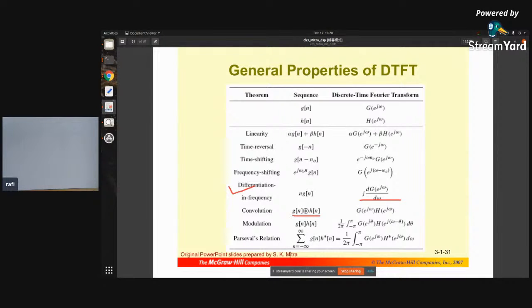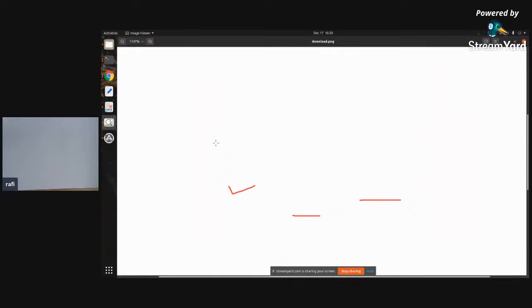Now one important property is the convolution property. When you convolve two signals in time, which you might already know, in the frequency domain they get multiplied.